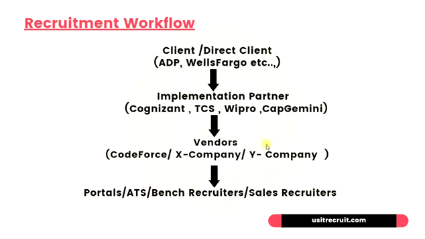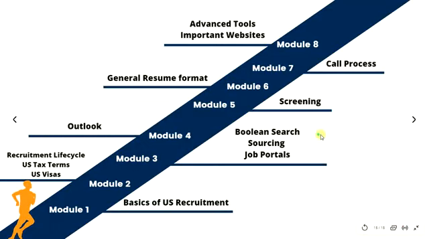So let's move forward. This is the roadmap of our entire US IT recruitment course. The first module, which we discussed today, is on basics of US recruitment, and the next module will be on US recruitment life cycle, US tax terms, US visas.